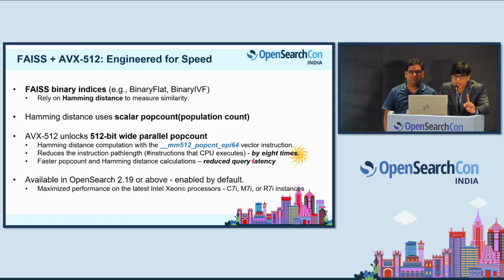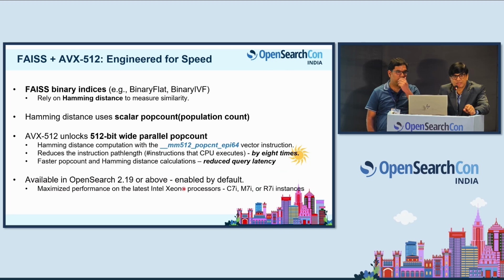I'll have a few slides which show the tangible gains you can see in OpenSearch for Hamming distance through FAISS. Hamming distance is a part of FAISS, and OpenSearch consumes it through the KNN plugin. By the way, anyone using OpenSearch 2.19 will get this feature enabled by default.